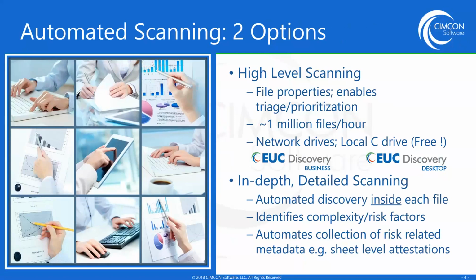Sometimes that metadata exists in the form of attestations on a cover sheet, or there's other ways to attach attestations and risk questionnaire type information to the file. And the scanning can actually pick up that information, bring it back, and store it in a central database for later reporting. So the scanning technology can be very simple and quick, or it can be in-depth and yield quite a bit of information. I'm going to go through two case studies here.